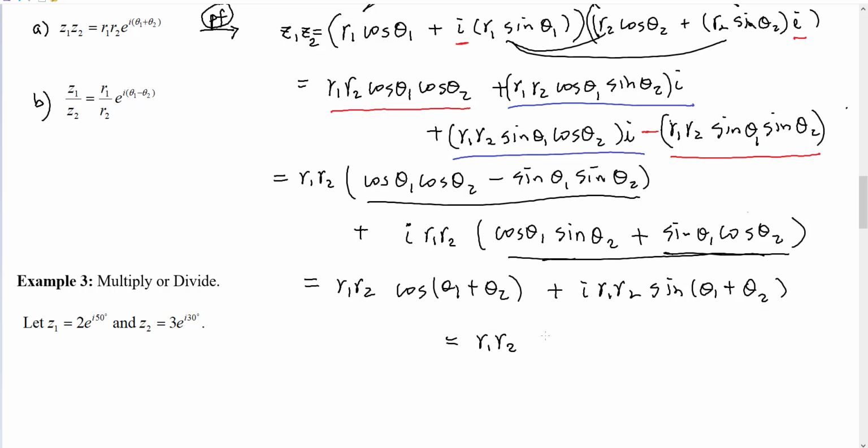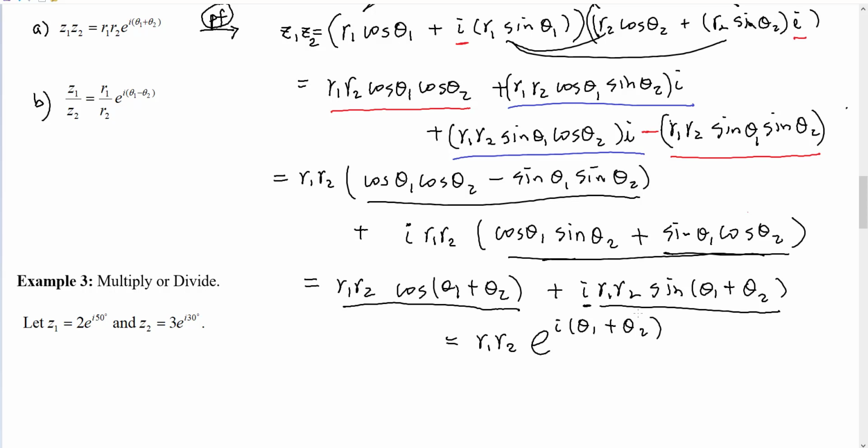And then I have cosine theta 1 plus theta 2 and sine theta 1 plus theta 2 times I. This is going to be the x of the result, and this is going to be the y of the result. So I can write it as e to the I theta 1 plus theta 2. Hence the formula. And you can do the same thing for division of complex numbers.